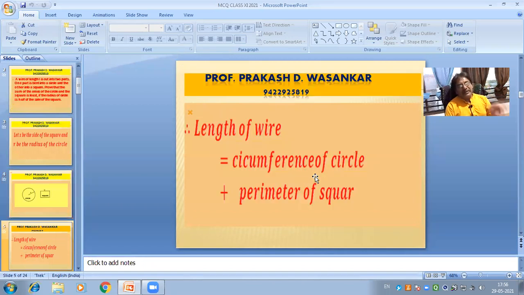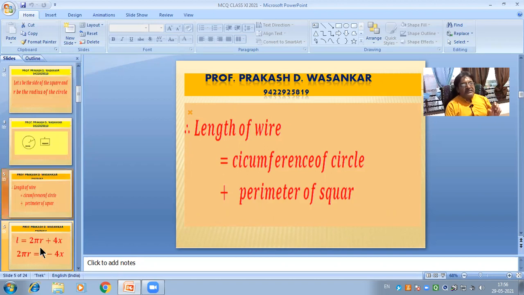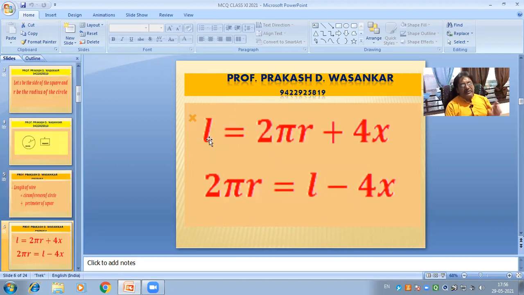So length of wire is equal to circumference of circle plus perimeter of square. That is, 2 pi r plus 4x.